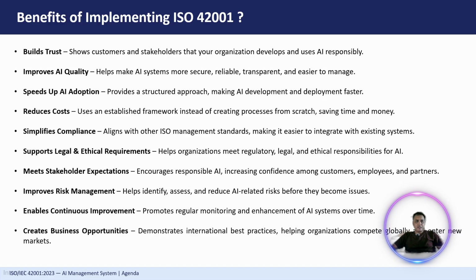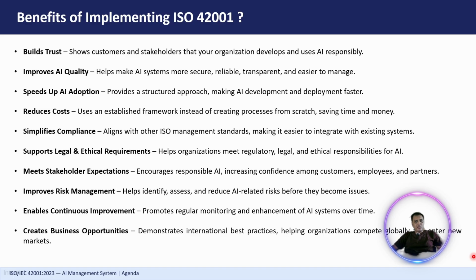Create business opportunities. Demonstrating international best practices helps organizations compete globally and enter new markets. Following internationally recognized standards definitely increases your credibility. So when you tell your customer that we are ISO 42001 certified, it gives the customer confidence that we are following best practices of AI management systems. And with that confidence, you might get a good contract or a good customer.